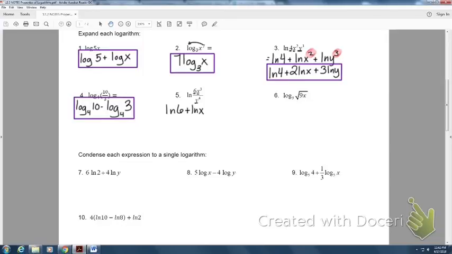Natural log x cubed, and then after that it is being divided, so I expand division by subtraction. Natural log y to the 4th. Then I go to each term. If there is an exponent, then I'm going to move it to the log that it's attached to. So I've got natural log 6 plus 3 natural log x minus 4 natural log y.